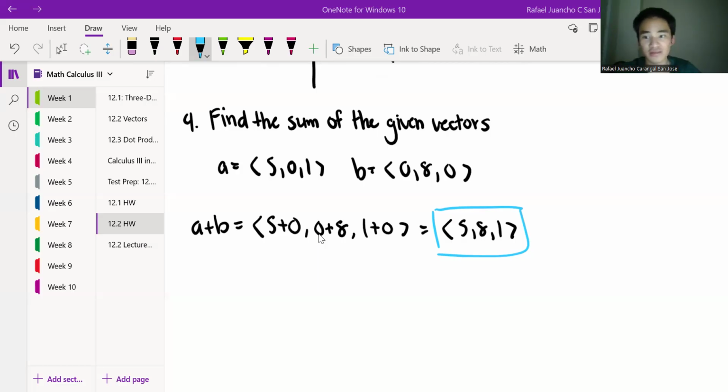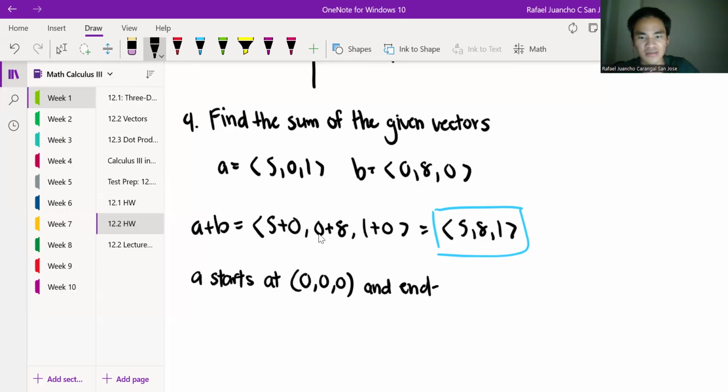So what I think is B starts exactly at the tip of A, right? So without even the thing here, A starts at the 0, 0, 0, the origin, and ends.